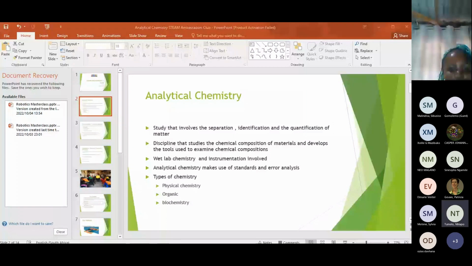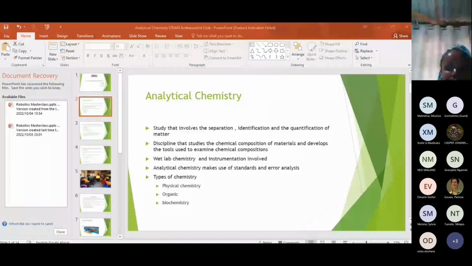On my side, the network might be misbehaving. You simply click on slide mode there on the top, and once you're done, you say from beginning.